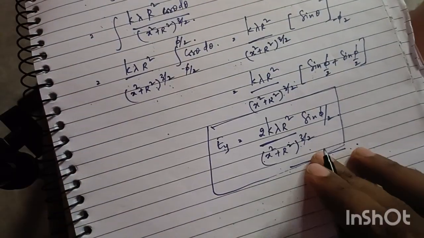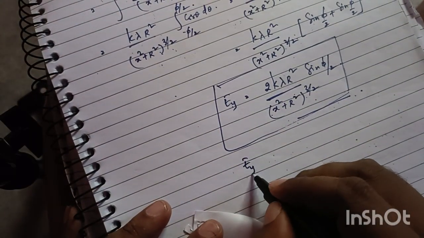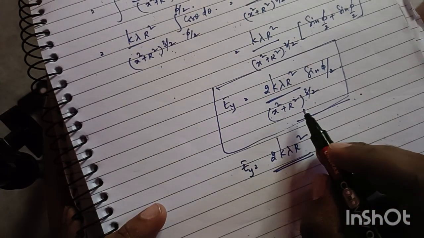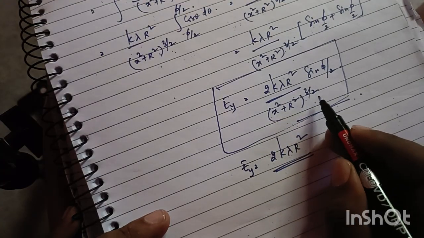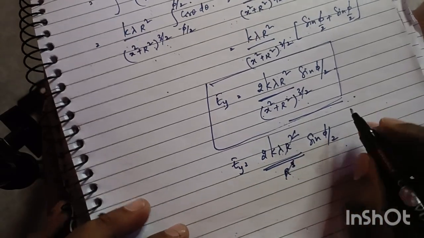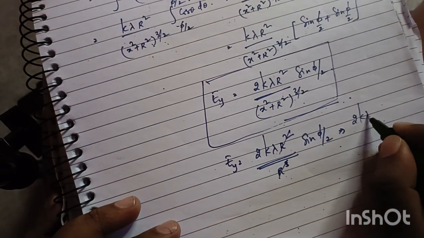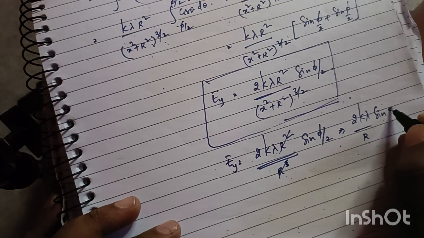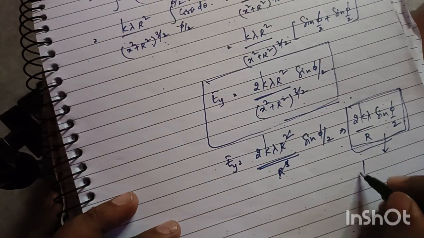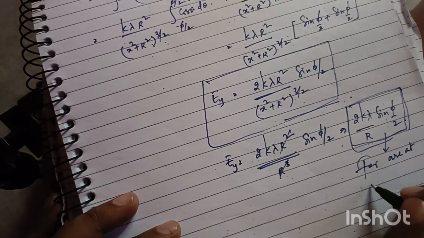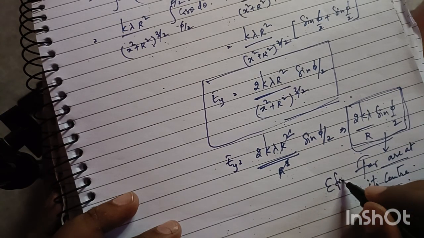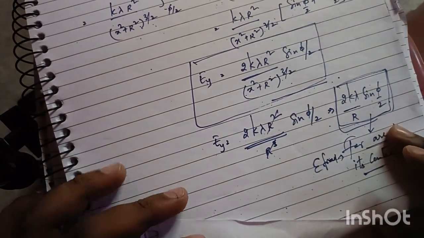If I put x equal to 0 here, Ey equals 2kλ r² divided by, with x = 0, r² squared, which gives us r³, sin φ/2. r gets cancelled, which gives us 2kλ by r sin φ/2, which is the result for an arc at its center. Right, the electric field for an arc at its center is 2kλ by r sin φ/2.